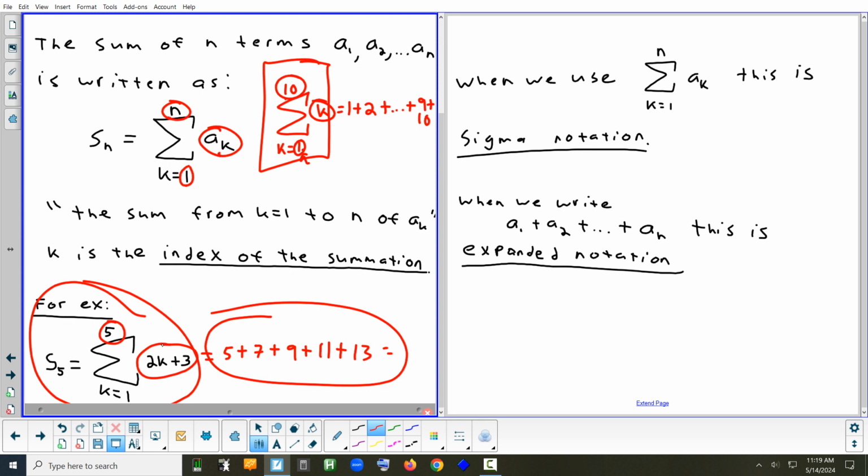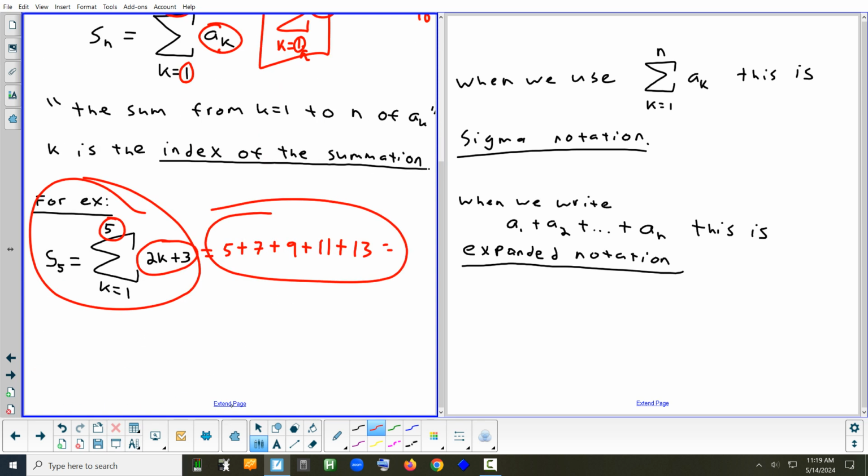So think of these numbers as a sequence, 5, 7, 9, 11, 13, and you've got to figure out the formula to get them. The formula would be 2k plus 3. But you'd have to figure that out, and that's what we learned yesterday. Any question between sigma notation and expanded notation?